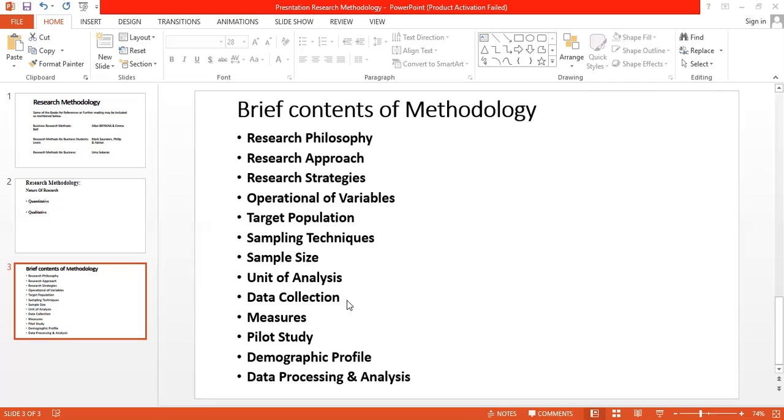You will tell what the profile of the unit of analysis was: what the gender was, male or female, what the area was, city or town or province, what the educational level or income level was, etc. These are some of the headings which we use in our thesis. It is not compulsory that the same headings will be used. It may be different from all these. For example, a pilot study may or may not be used in your research.